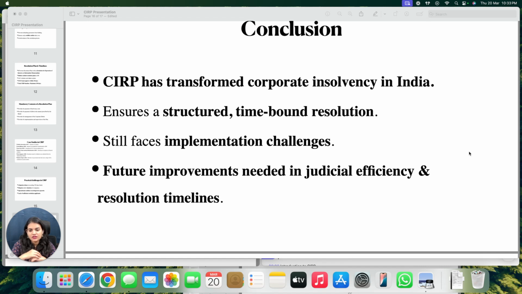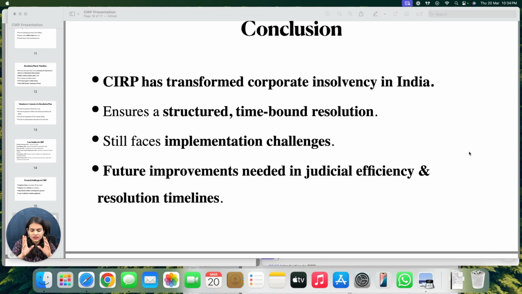So, as I said, there are certain aspects of the code that need fine tuning, and there is a deficiency in the number of judges sitting, and that naturally results in huge delays in the judicial process itself and delaying the resolution timelines also.